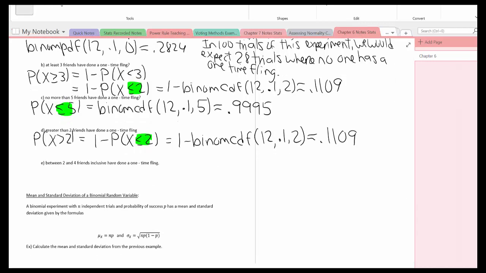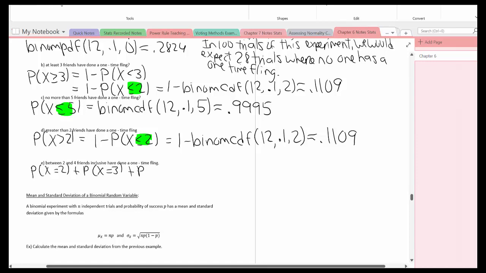Okay, let's take a look at part E. This is going to be between 2 and 4 friends, inclusive, that have a one-time fling. So this is the probability of x equal to 2 plus the probability of x equal to 3 plus the probability of x equal to 4. So this is 3 separate binomial PDFs in this particular case. Let's write it out.